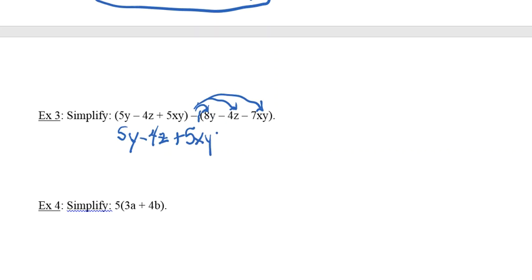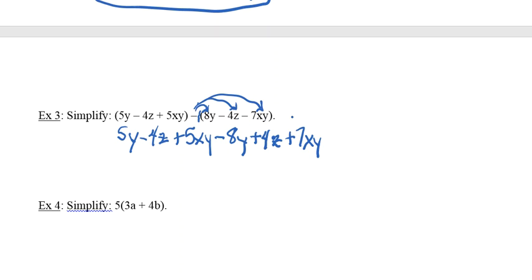Negative 1 times 8 is negative 8, and the y tags along. Negative 1 times negative 4 is a positive 4, and the z tags along. Negative 1 times negative 7 is a positive 7, and the xy tags along. So when you're subtracting, what happens is all the signs on the inside go to their opposites.